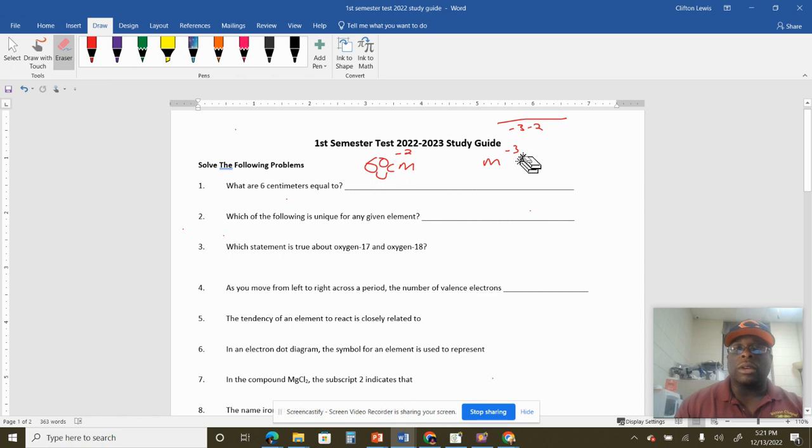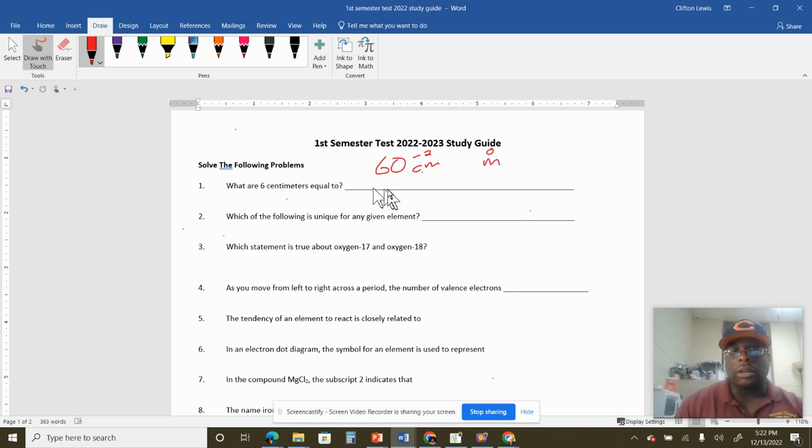Now, if I'm going to meters, so if I have 60 centimeters to meters, that's a -2. Meters are base unit 0. So I'm going from little to big, going to the left.